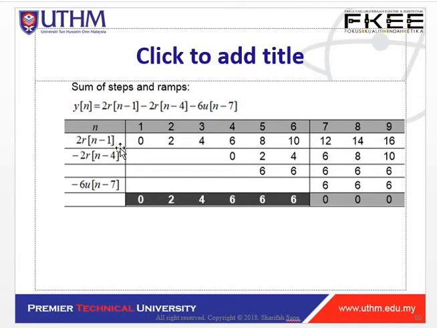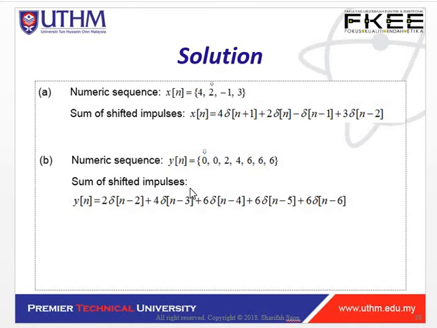First of all, how do you get the 2? If you go back to the question, it's 0, 0, 2, 4, 6. So this one actually is a ramp, right? It's a ramp.